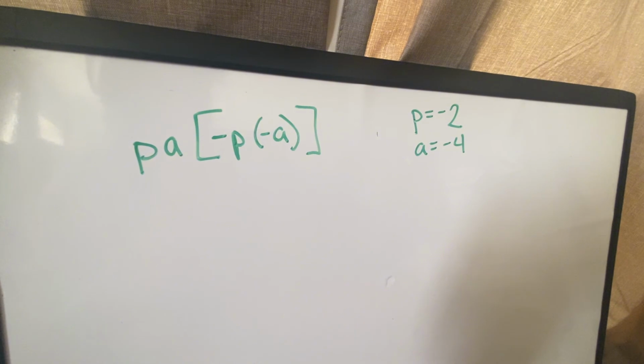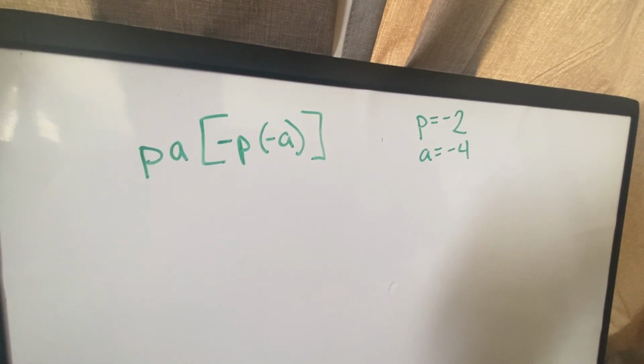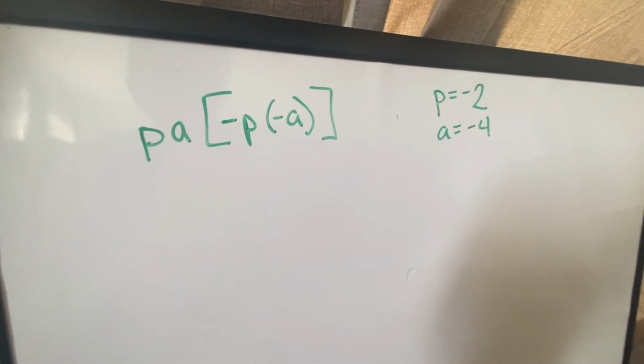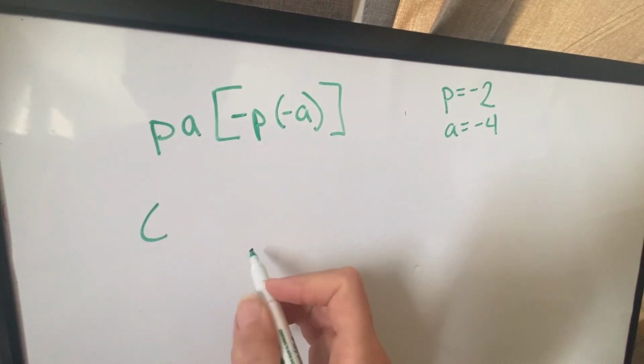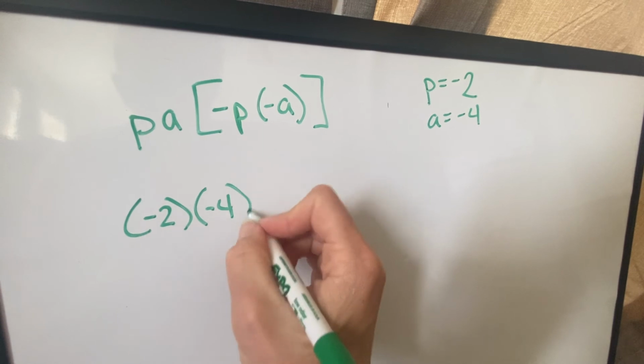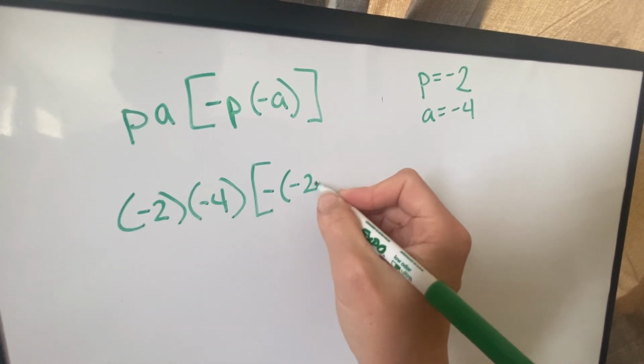Okay, another problem for us to work through. This is letter B, page 73. Our P is -2, our A is -4. So everywhere there's a P, we're going to put -2. Everywhere there's an A, we're going to put -4.